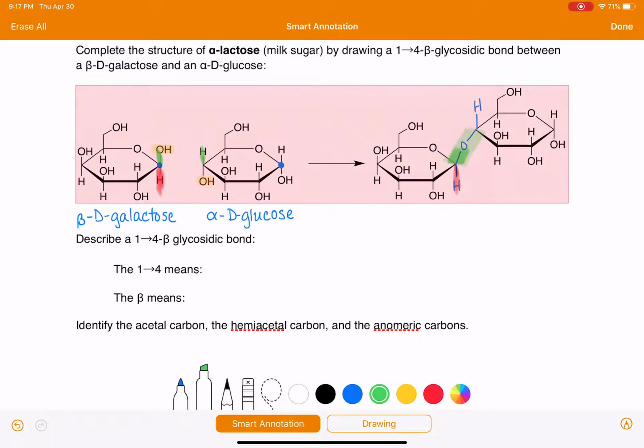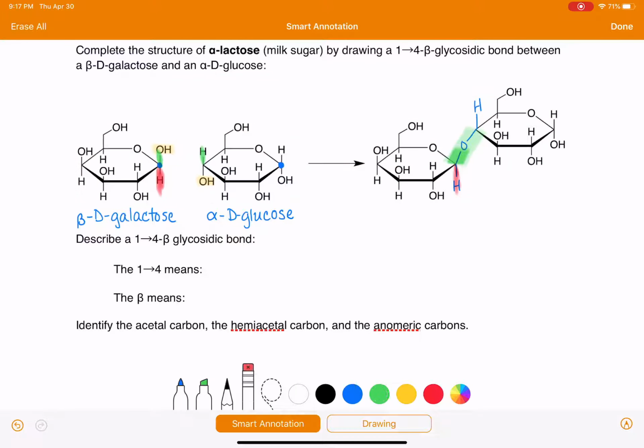And the same thing for the molecule on the other side as well. So because this hydrogen is sticking up, and it has to stay sticking up, we are forced to draw this connection down.